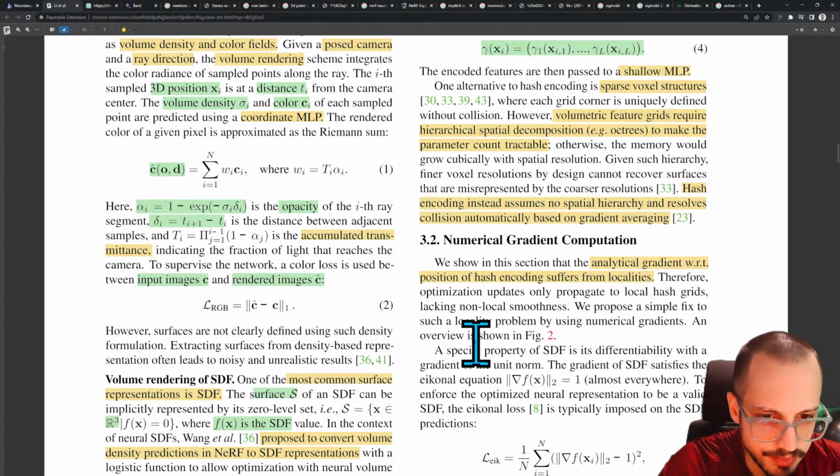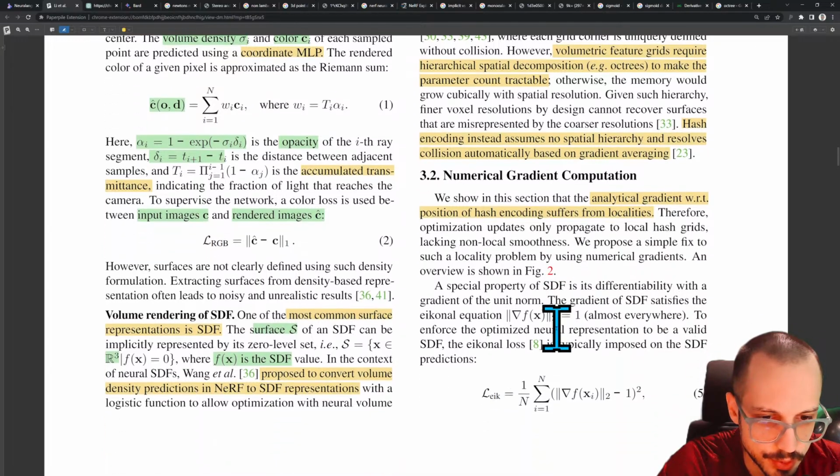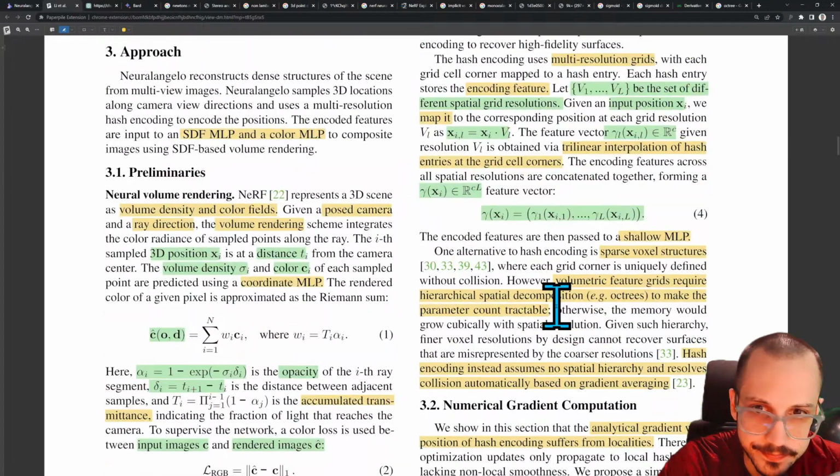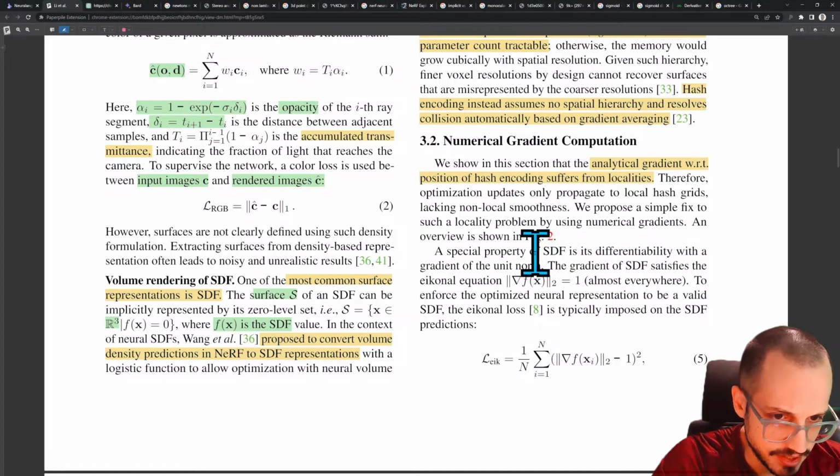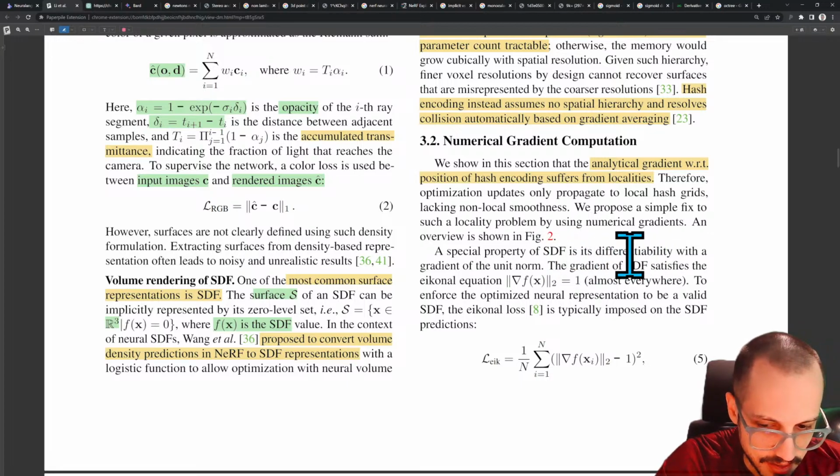We propose a simple fix to the locality problem by using numerical gradients. An overview is shown in Figure 2. Okay, let's see. A special property of SDF is its differentiability with a gradient of unit norm. All right, so the signed distance function is differentiable. Differentiable means you can take the derivative of it.